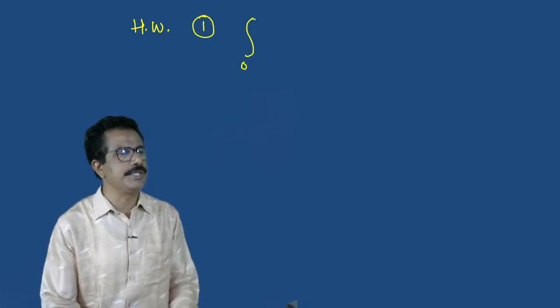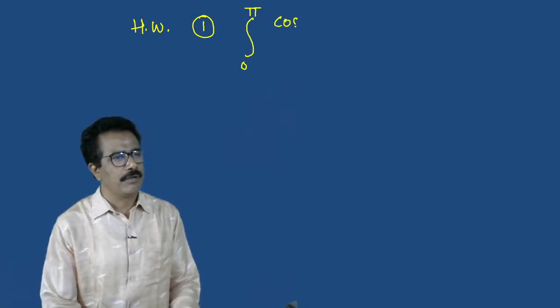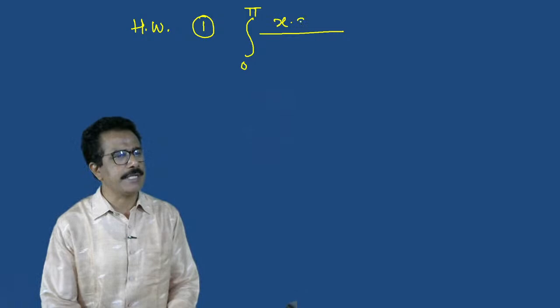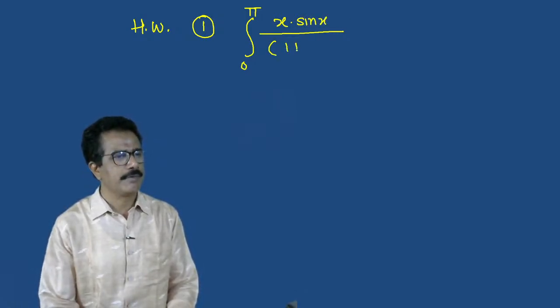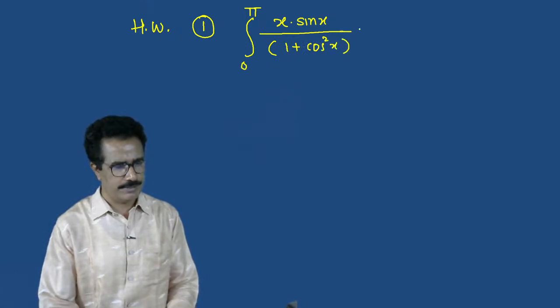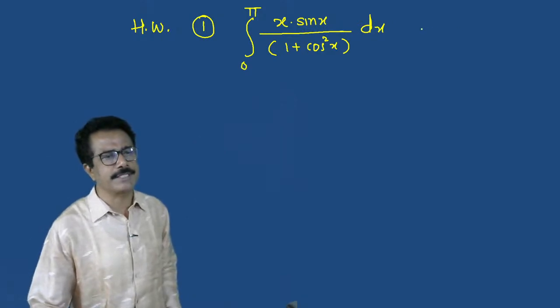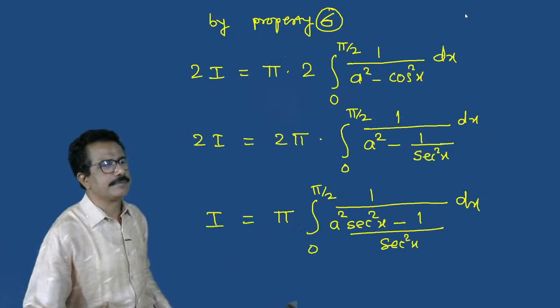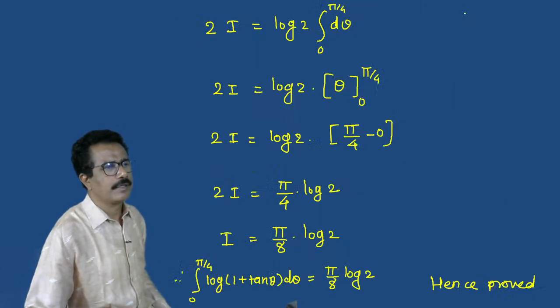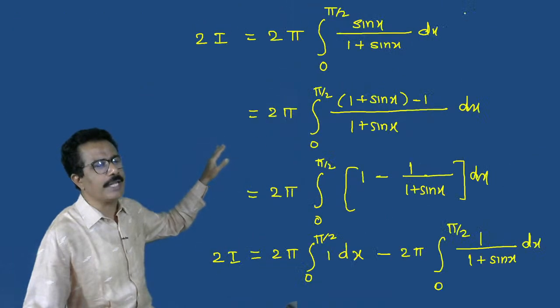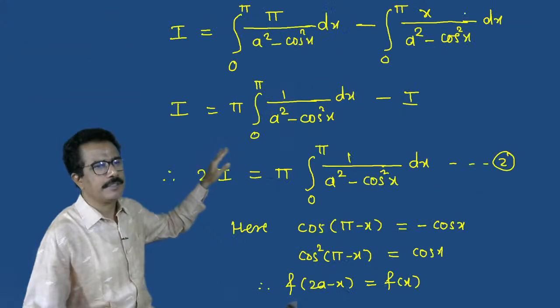Homework. First, integral from 0 to pi of x sin x divided by 1 plus cos square x dx. Solve it the same way as the first problem we saw, like problem number 12.